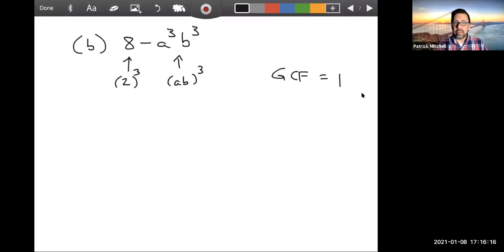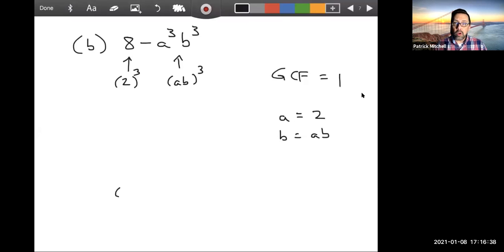I didn't want to just hide from it because they do use a and b in some problems. Playing the role of a from the formula is 2. Playing the role of b from the formula is ab. All right. Okay, so this is a difference of two cubes.